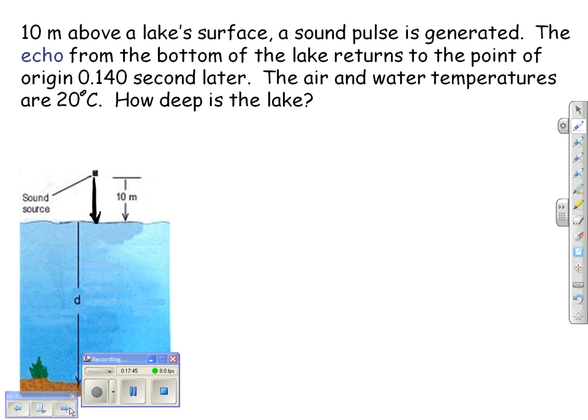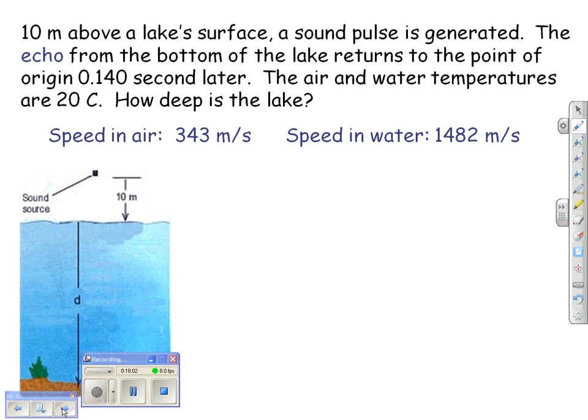So we're going to have to work this in parts because I know that it went down to the bottom and back up in a certain amount of time, correct? Because it said the echo. So if that's the case, I know that the speed of sound in air is 343 meters per second. The speed in water, though, is 1,482 meters per second.